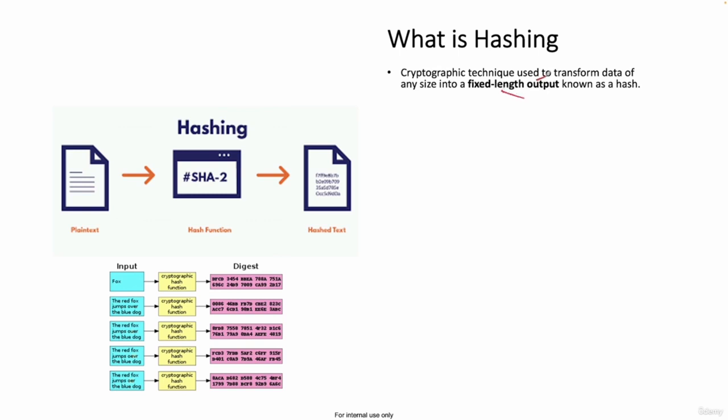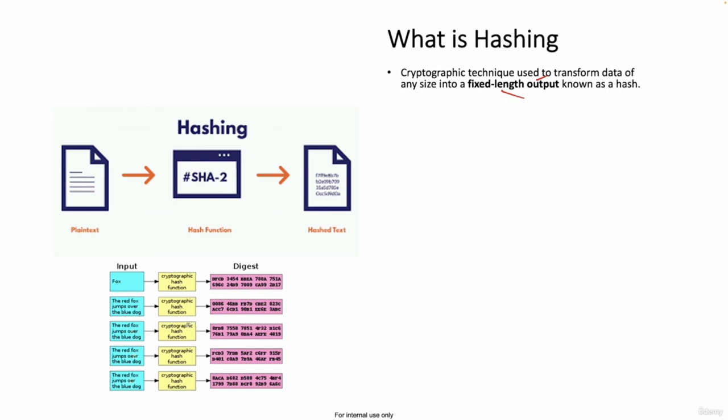If you see here, if your input is fox, if your input is the red fox jumps over the blue dog, you will first of all always get a fixed length output. Even if it is just 3 characters or 10 characters or 20 characters, the output is always fixed length.